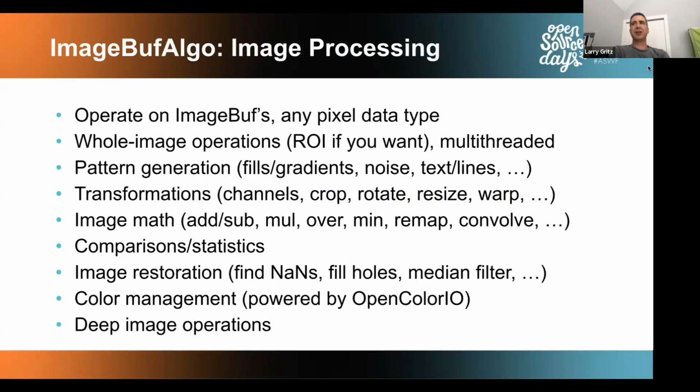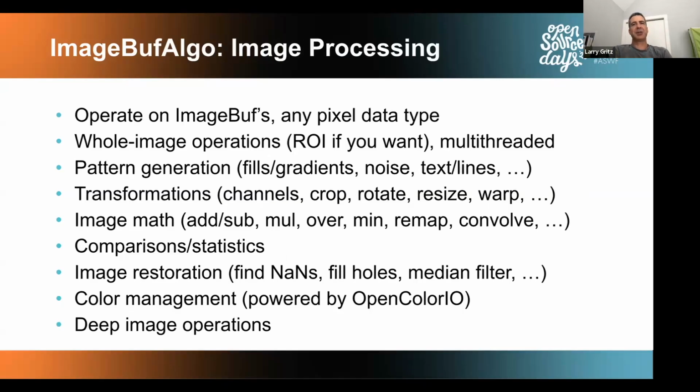Then there is a collection of utility functions called ImageBufAlgo, and these are all of the whole-image-oriented image processing functionality. I'll talk about them as if they always operate on the whole image, but it is technically possible to tell them to operate on individual rectangular windows within them if you want.